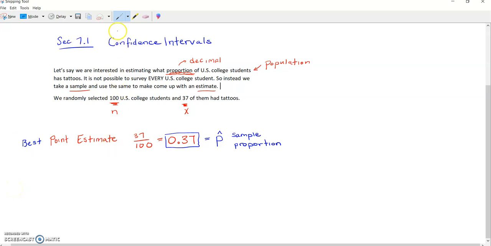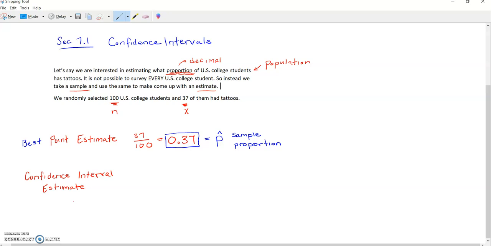Then a confidence interval estimate is different. What it does is guess a range of numbers instead of just a single number. Thinking about the Price is Right game again, have you ever seen the game where you're guessing the price of the car and it gives you a range of prices and you have to stop the range when you think it has the price of the car in that range?